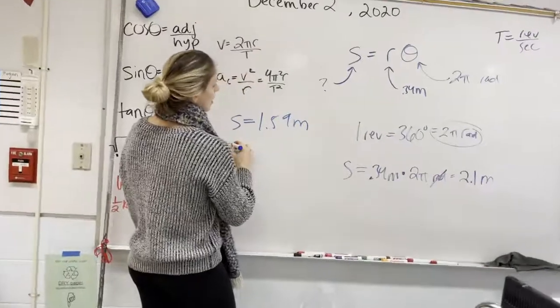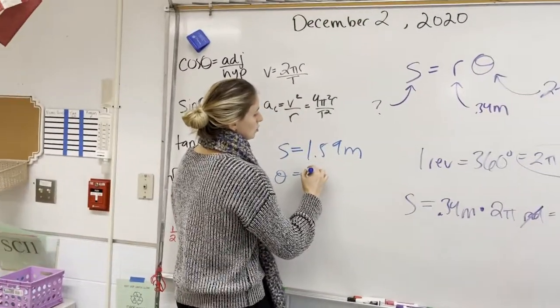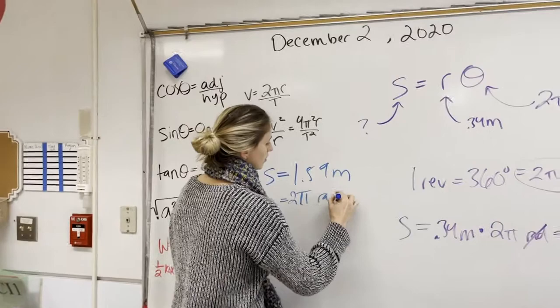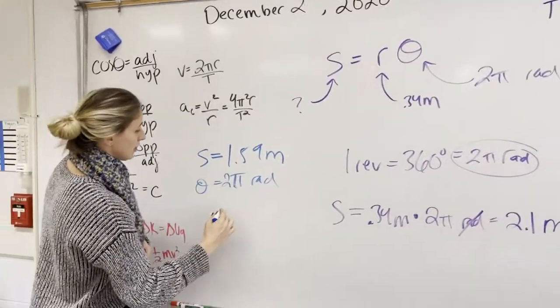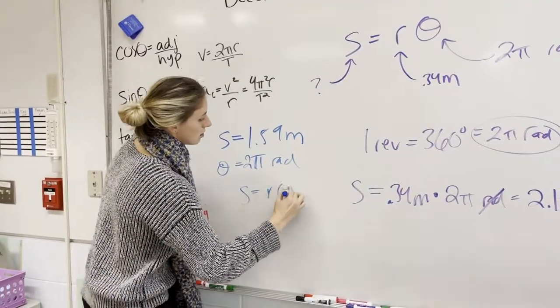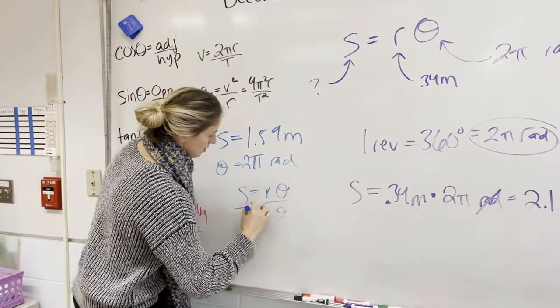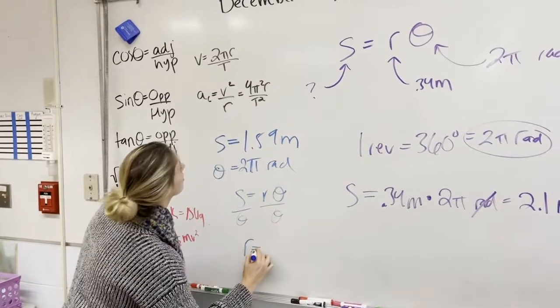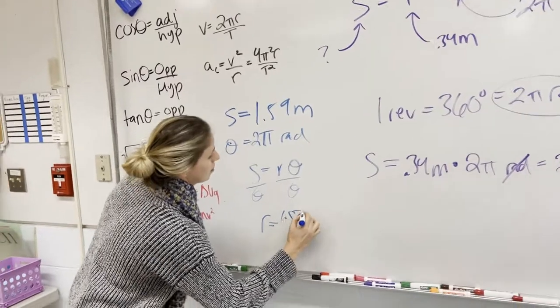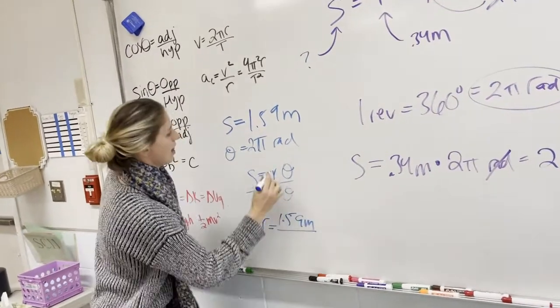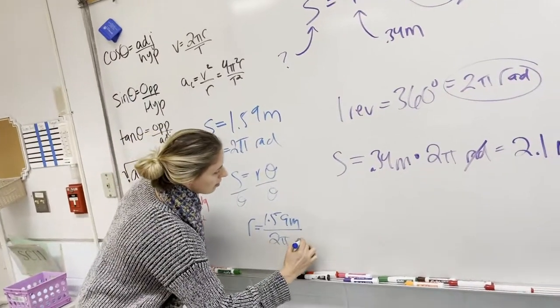Okay, and my theta was 1 revolution, which equals 2 pi radians. And we want to know what the radius of the wheel is. So we can just divide by this. R is going to equal 1.59 meters divided by 2 pi radians.